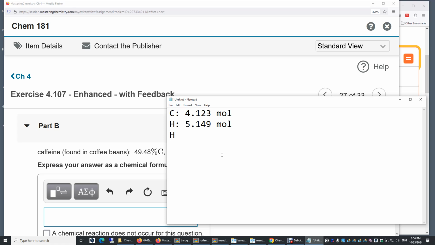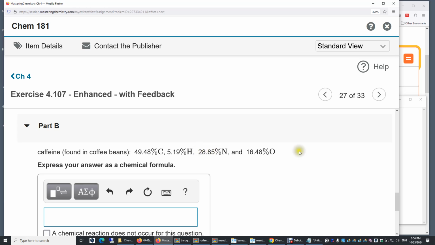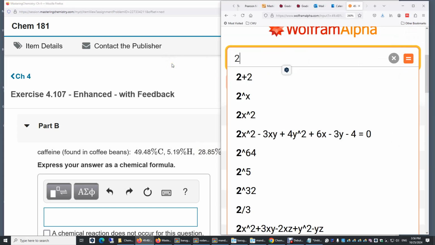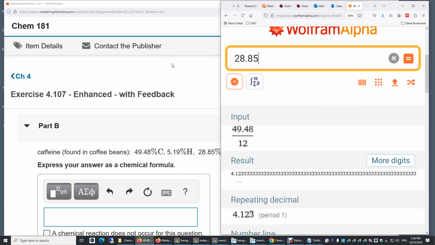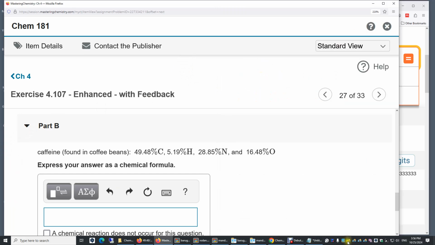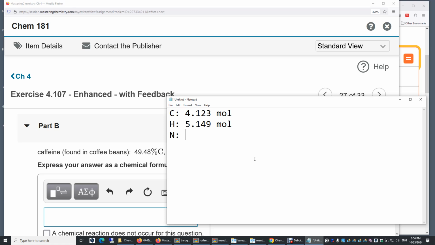Nitrogen and oxygen. Nitrogen, 28.85 grams. The molar mass of nitrogen is 14.01, so we get 2.059 moles of nitrogen.